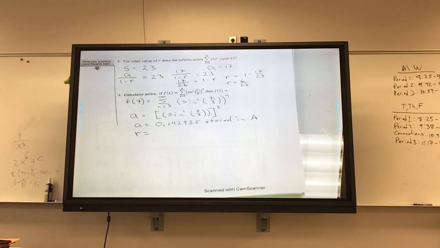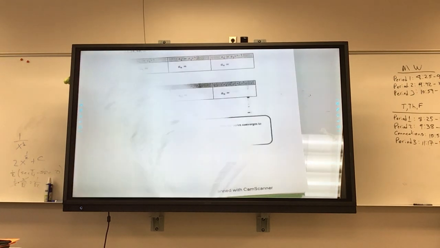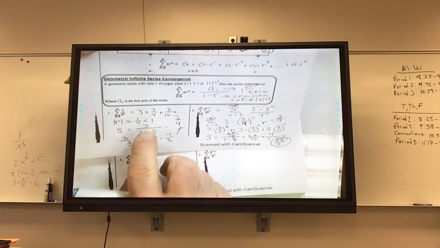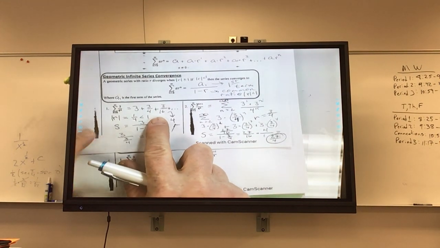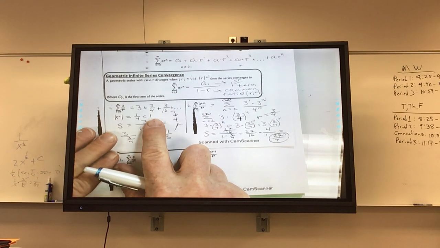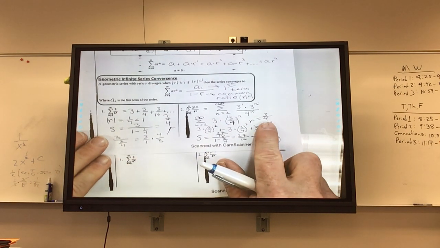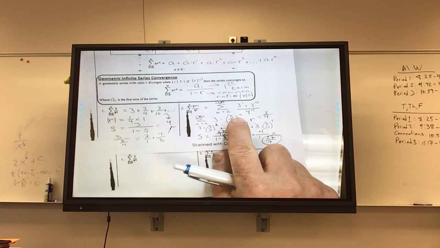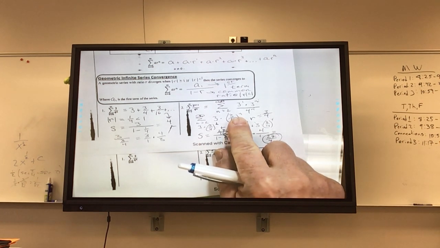Not sure? Okay, go back up to this side. Here R was 3/4. Look, I had 3/4 to the nth power, correct? And that was my common ratio, because every single time I'm going to multiply by 3/4. That's what n allows me to do, correct?